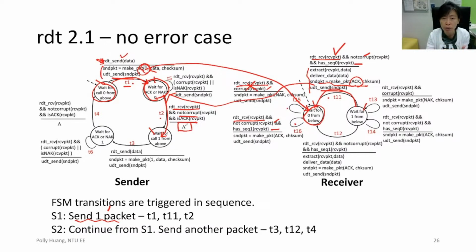No more packet being generated flying back to the receiver. So we could have stabilized this right here. Sender here, stop here. Receiver, stop here. And in the process, we take 3 transitions. First one is T1 at the sender side. Second is T11 at the receiver side. And the third being T2 at the sender side.